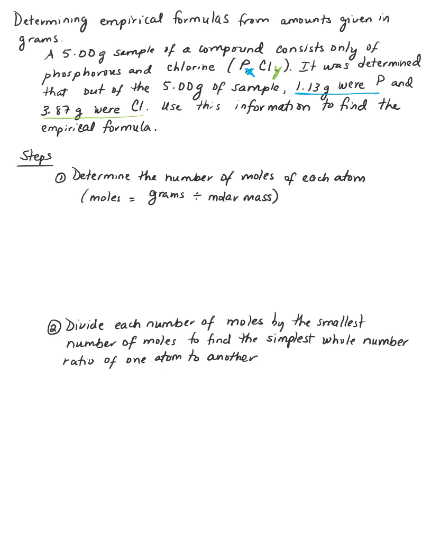Okay, so I have 1.13 for P and I have 3.87 for Cl. Now you need to look at the periodic table.